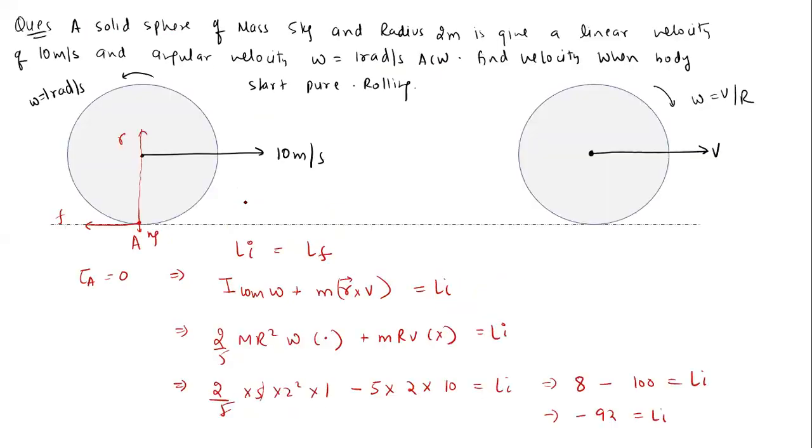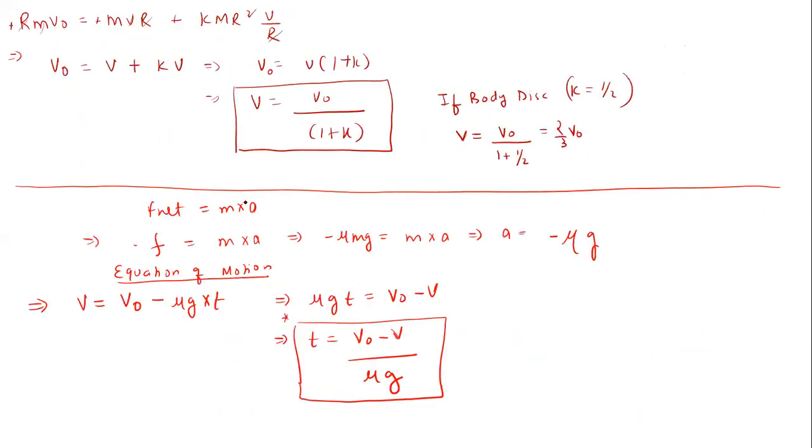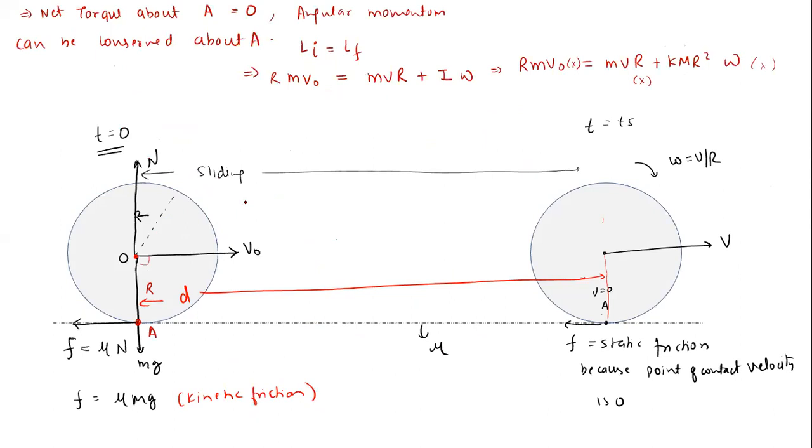In the previous case which we have done, we had only given the initial velocity v naught. We had not given any external force. But when you give v naught, the friction force came into play, and that friction force was providing the torque in order to roll the body.